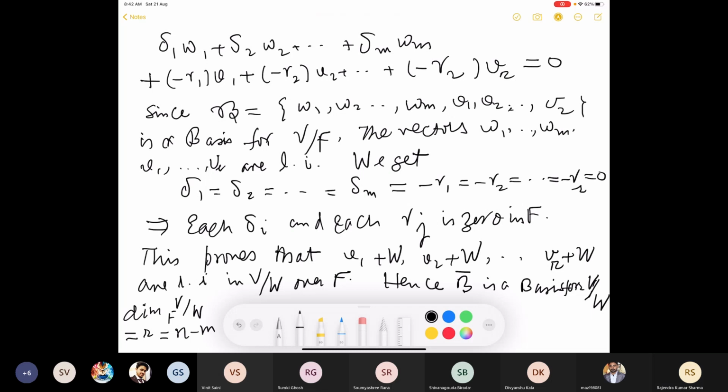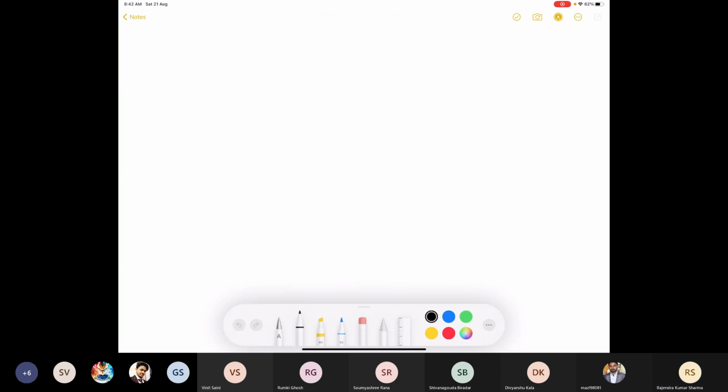So the dimension of the quotient space is the difference of the dimensions of the vector space and the subspace.